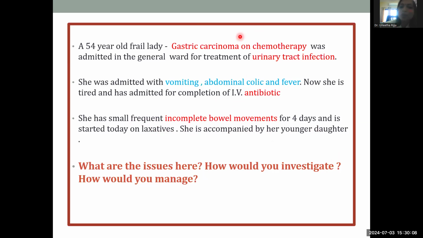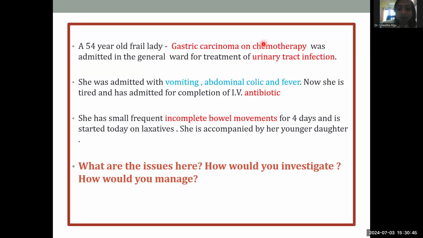And it is also that there is an incomplete evacuation, probably because of that. And yes, regarding the laxatives, how much is she taking, we do not know, because she does not want to go to the toilet, or she doesn't want to use the washroom in the ward. She's in the general ward. Her younger daughter has to support her and take her to the washroom. So maybe she is not comfortable enough with the environment, which is why she is having prolonged constipation, right?